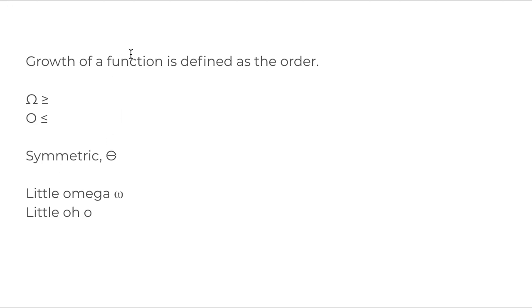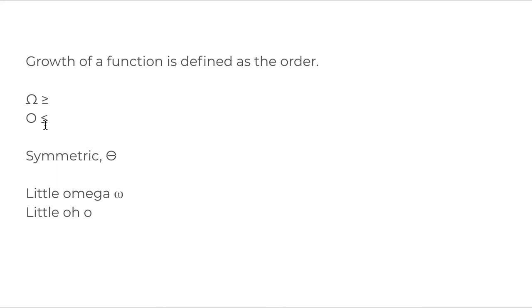Now when we talk about the growth of a function, we had big O and big omega, so both of them include greater than or equal to, right? What if the rate of growth is the same? Then they are called symmetric functions, right? They're not strictly increasing or strictly decreasing, they're equal and increasing, equal and decreasing.